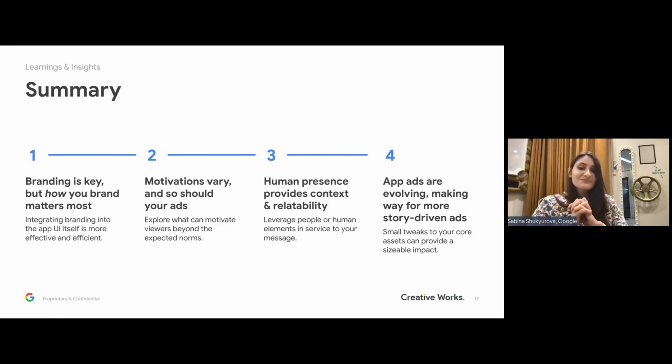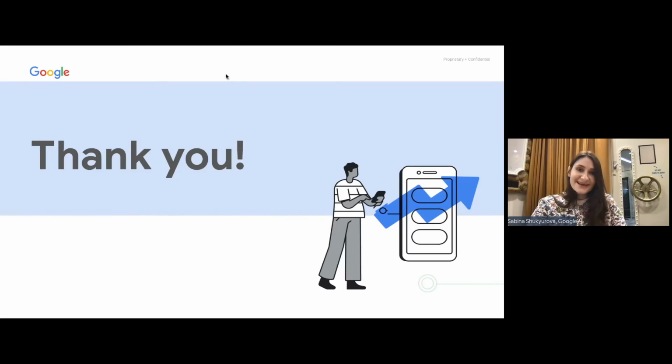And finally, since app ads are evolving, it's a very good idea to think of completely different approaches, as we did for gaming. For example, not only showing the direct functionality, but also the story that a person can understand and probably again feel related to. So this is it on my side.